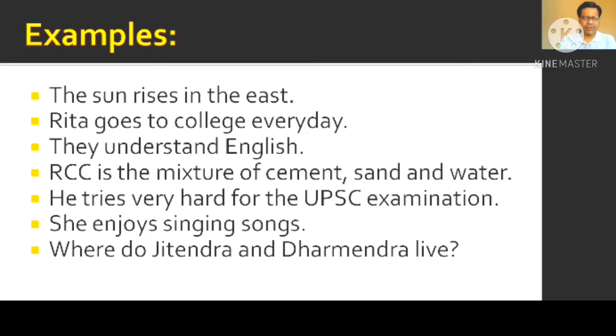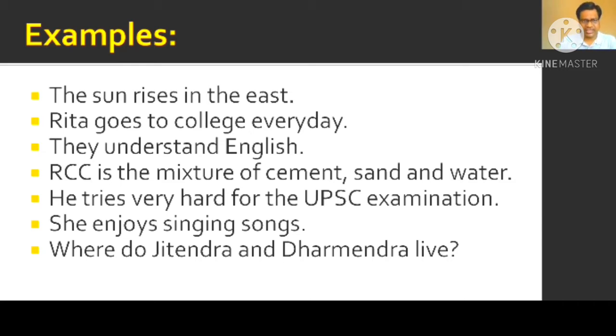Go is the base form of the verb. But since Rita is third person singular number, we are talking about the simple present tense. So naturally, just like the first sentence, the base form will come up with the -s or -es form, because the third person singular number is functioning as the subject of the respective sentences.